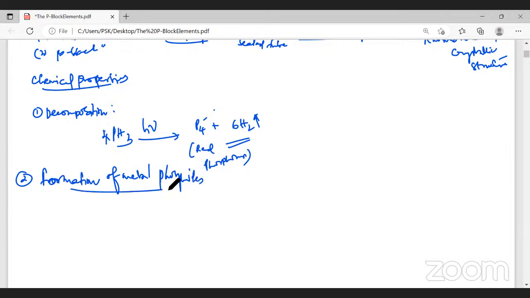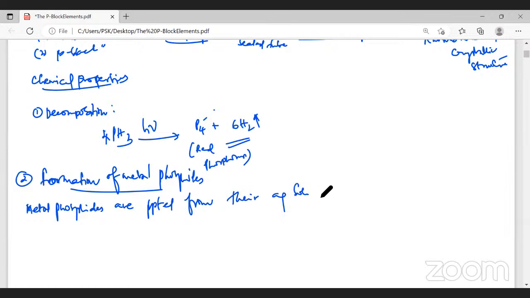You should remember, metal phosphides are precipitated from their aqueous salt solution when phosphine is passed through. So you take an aqueous solution of any metal salt and pass phosphine through it, and you get metal phosphides.